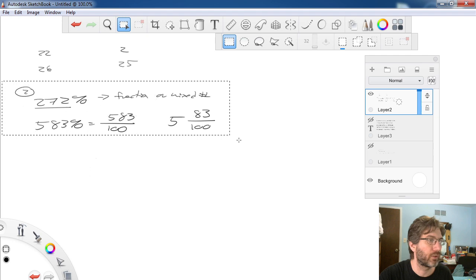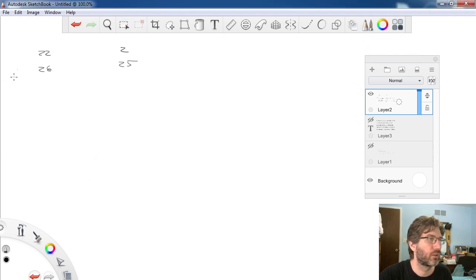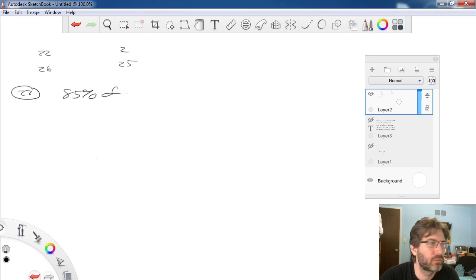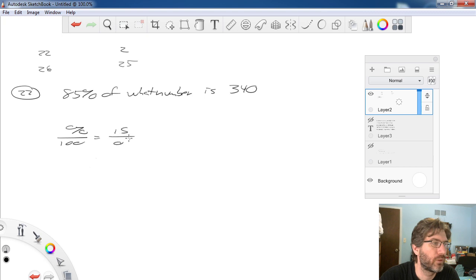Okay, next up was 22. Porter wanted this, Porter, did you still need 22? 22 is 85% of what number is 340. Again, percent over 100 equals is over of.